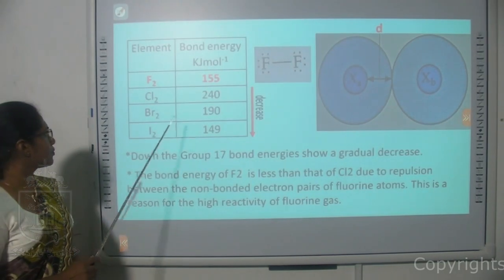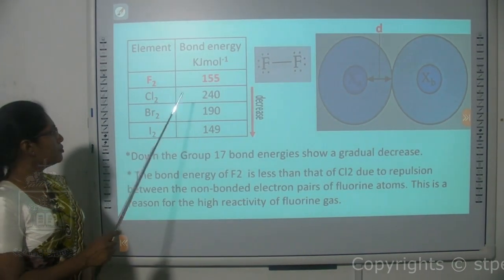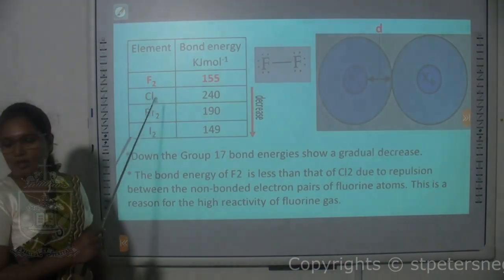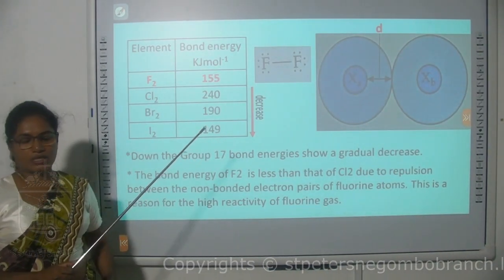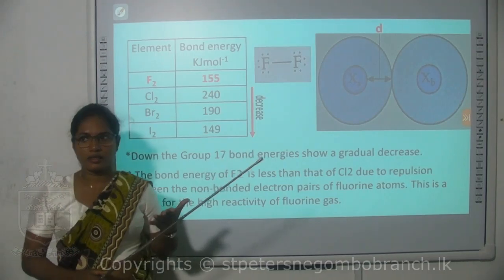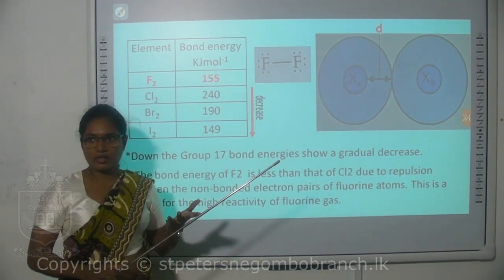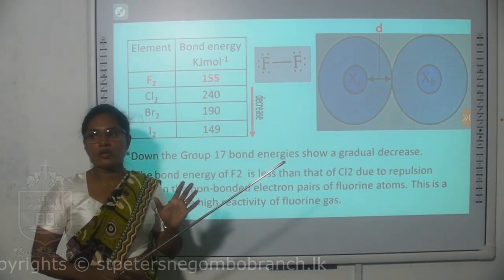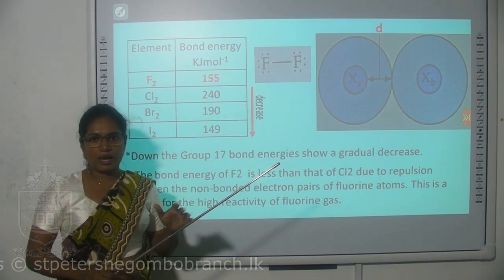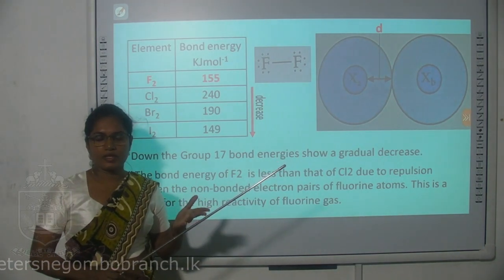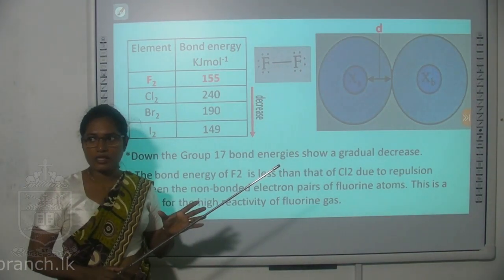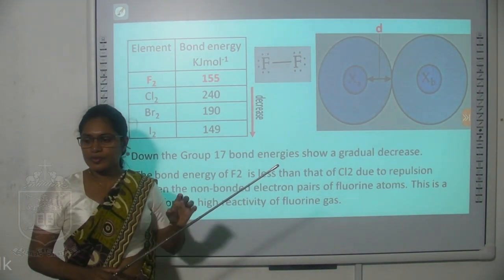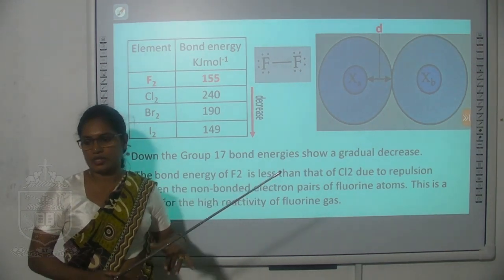Because when we go from top to bottom, the radius of the atoms increases, and when the radius increases, the bond length also increases, and the bond energy decreases.